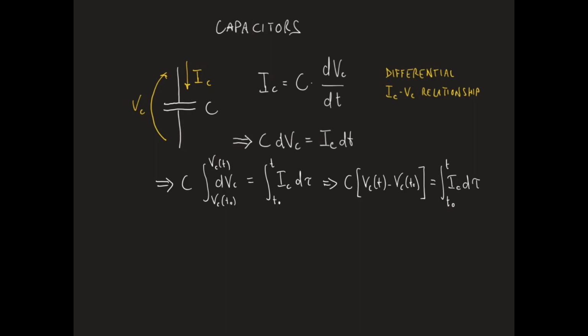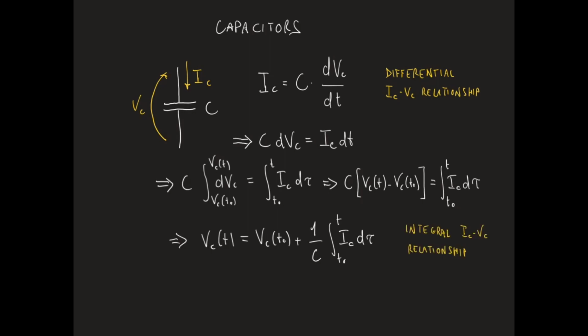From the last equation, we can write Vc as a function of the time equal to Vc at time t0 plus 1 over C, the integral between t0 and t of IC in tau.